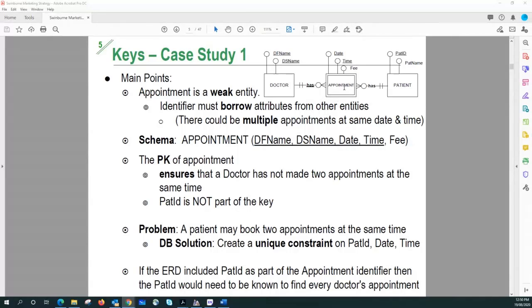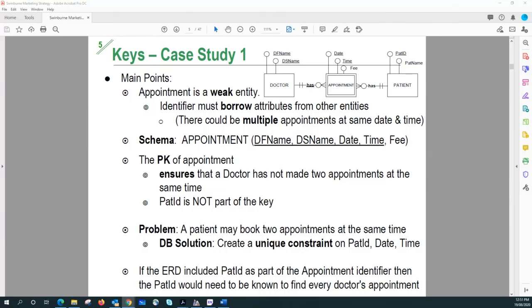So in the create table statement for the appointment table, I can have a unique constraint combining the patient ID, date, and the time. These three together make it unique, right? So that particular row is unique.